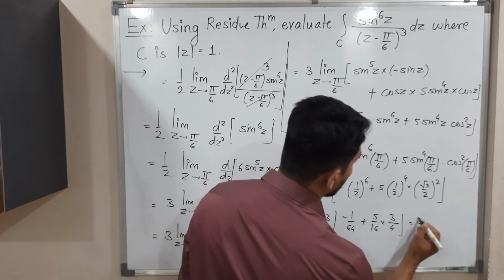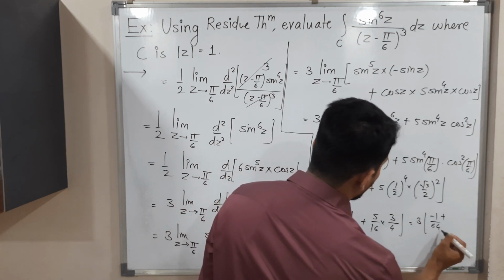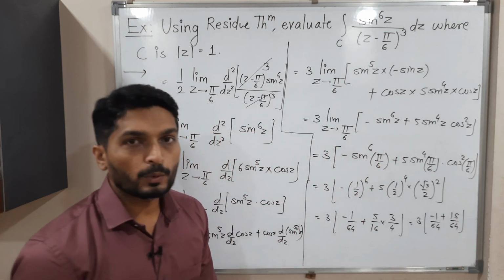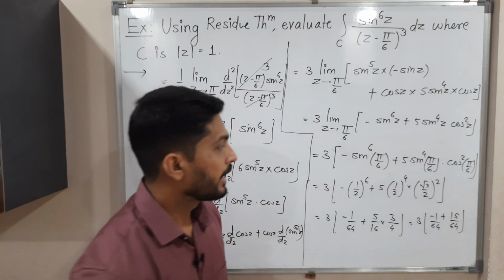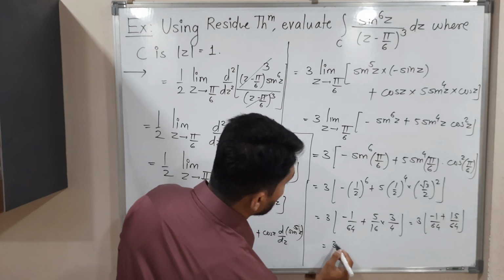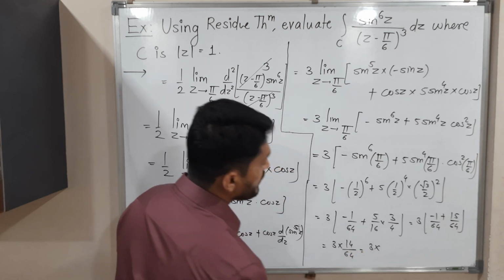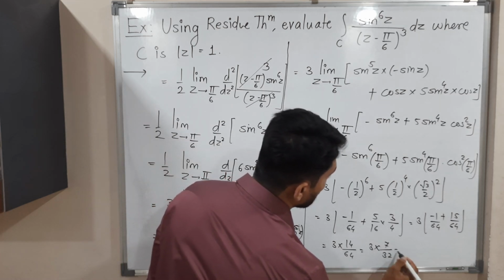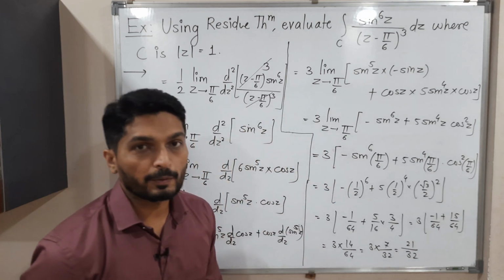It means 3 times minus 1 by 64 plus 15 by 64. Fortunately both terms have the same denominator 64, so we can add the numerators. 15 minus 1 is 14. So 3 into 14 by 64. Both are further divisible by 2, so it is 7 by 32. 7 into 3, 21 by 32. So this is the required residue.